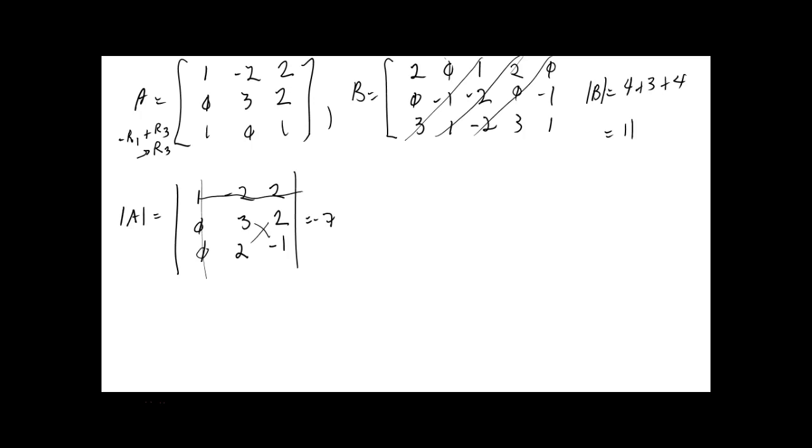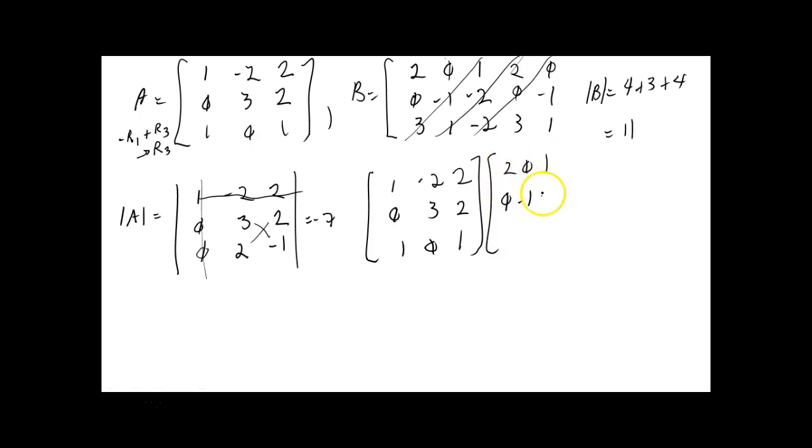Okay? Now, it says find the determinant of AB, which means of course we've first got to figure out what AB is. That's the product of A times B. So that's going to be 1, minus 2, 2, 0, 3, 2, 1, 0, 1, multiplied by 2, 0, 1, 0, minus 1, minus 2, and 3, 1, minus 2.